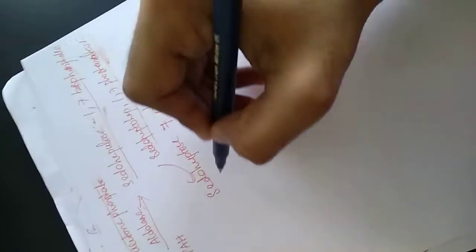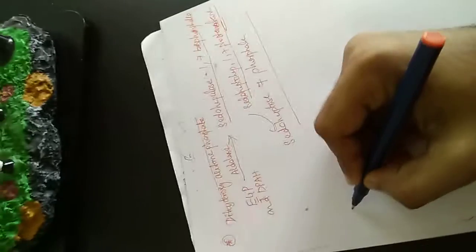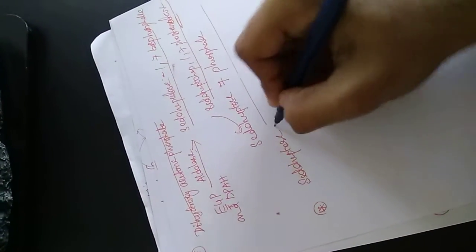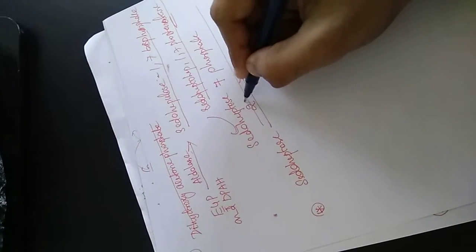So in the presence of this enzyme, this is cleaved to form this cetoheptose 7-phosphate. Once we've got this cetoheptose, it loses 2 carbons.